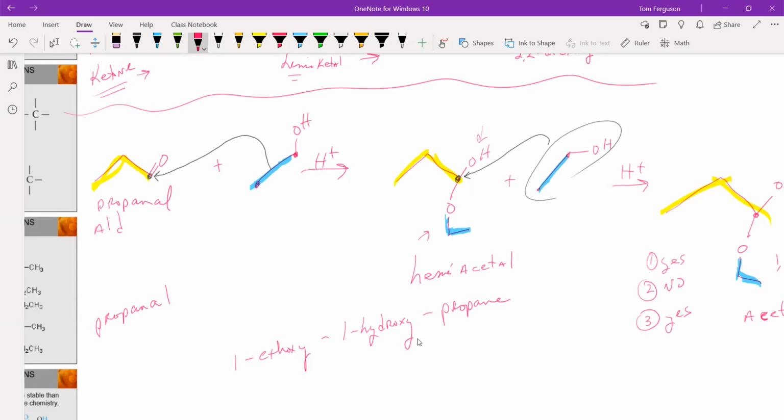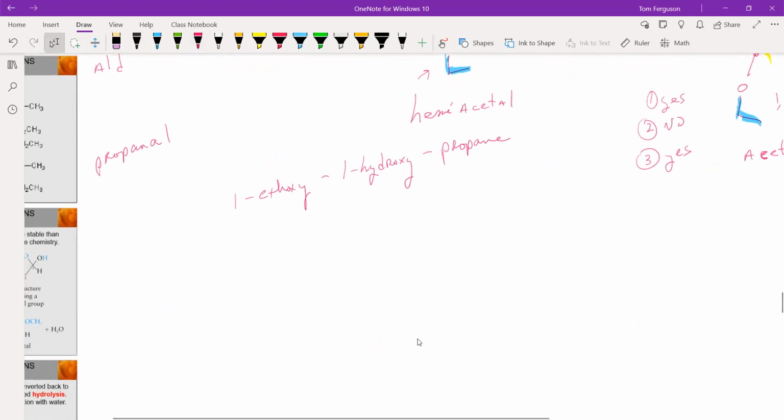So I'm looking at worksheet number 8, for example, problem 13.